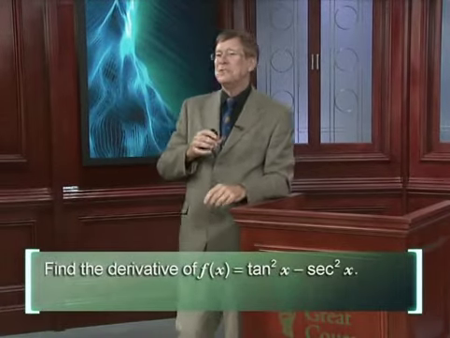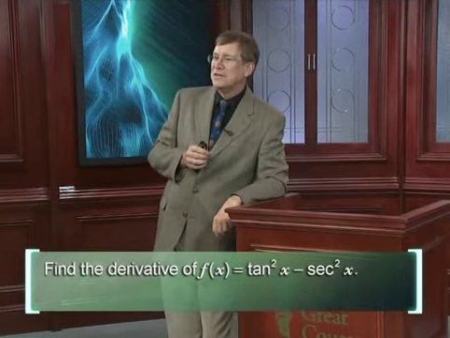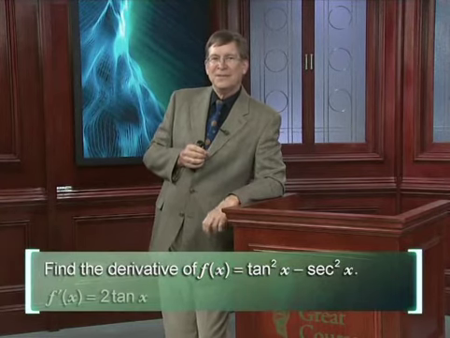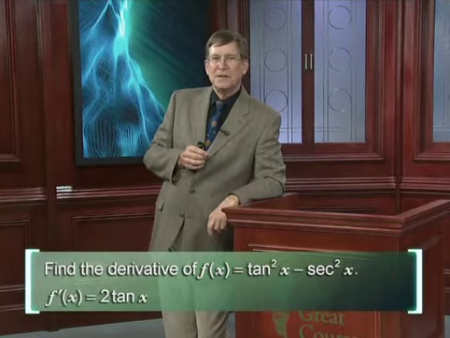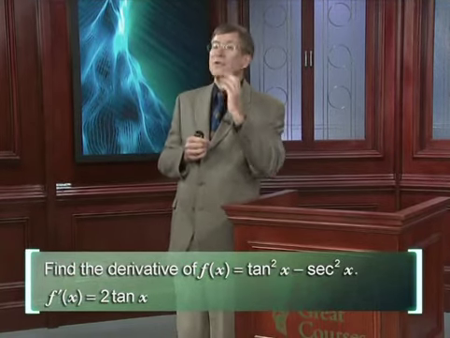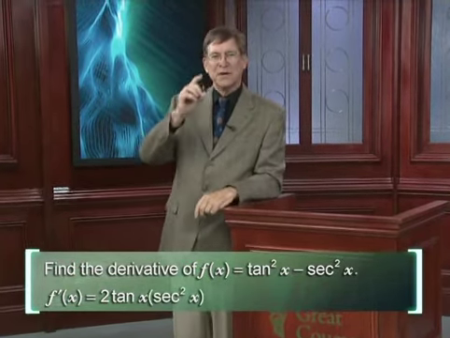Let's do a similar problem. Let's find the derivative of tangent squared minus secant squared. Here we go. The derivative of tangent squared is 2 times tangent times the derivative of tangent. Memorize, memorize. Oh, that's secant squared.